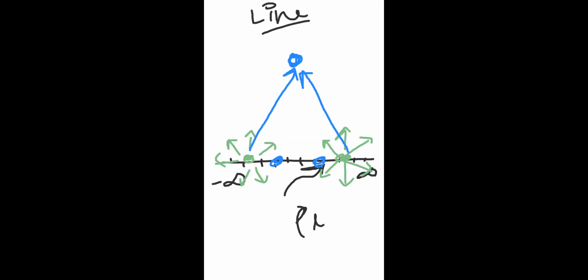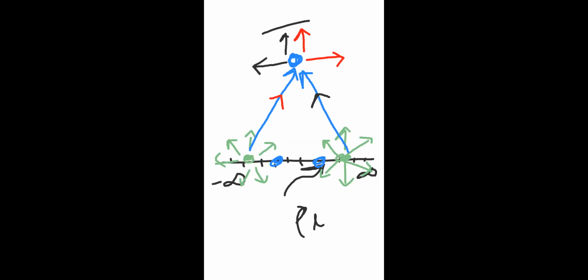Whenever you have a vector, you can resolve it into horizontal and vertical components. So if you take this line, it can be resolved like this, because it is going in this direction. And if you take this vector, it can be resolved in this direction.